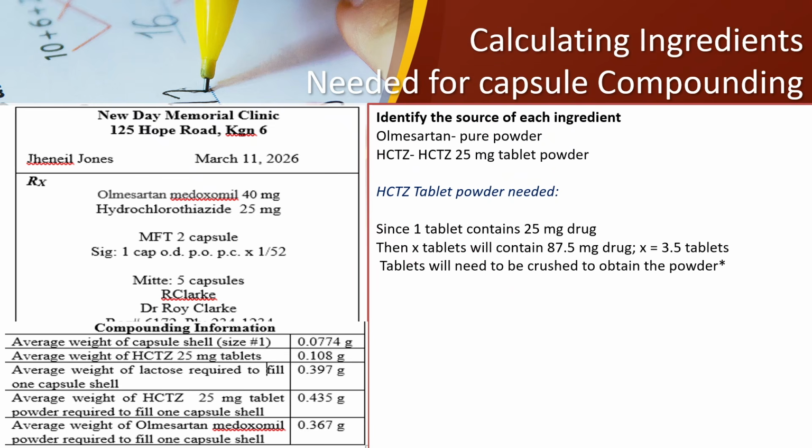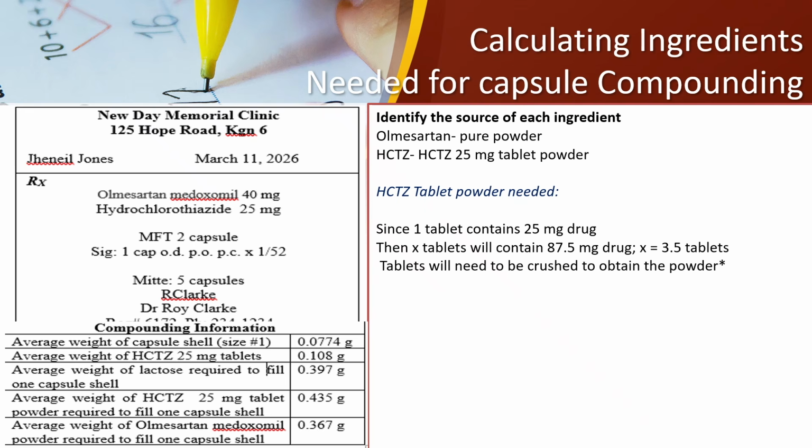So once we have calculated the amount of each of the active ingredients required for the entire 7 capsules, we need to ask ourselves what's the source of the ingredient. For olmesartan, it's a pure powder, so that's fine. We just go and weigh. But the hydrochlorothiazide is not pure powder, but tablet powder.